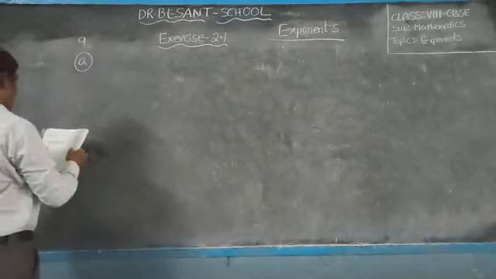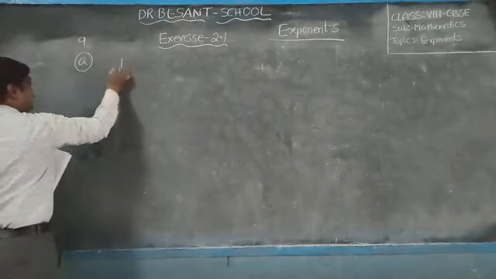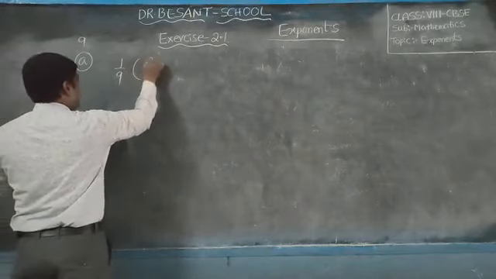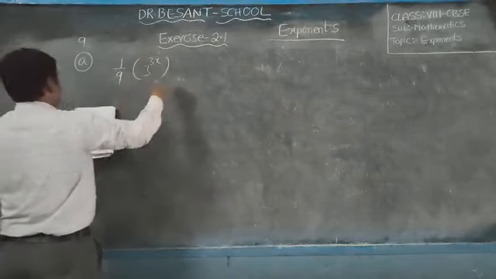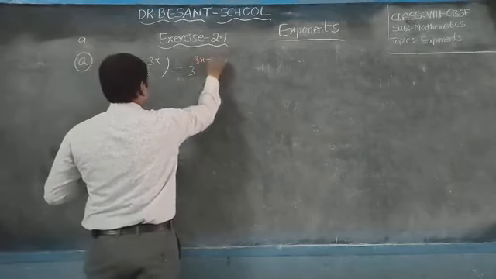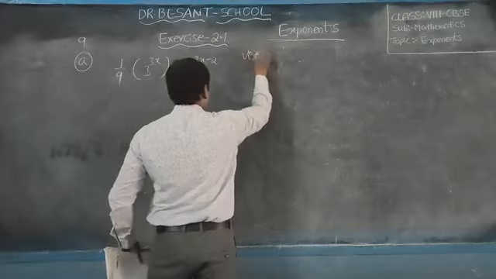Ninth problem: 1 by 9 into 3 power 3x is equal to 3 power 3x minus 2. Just we should verify.